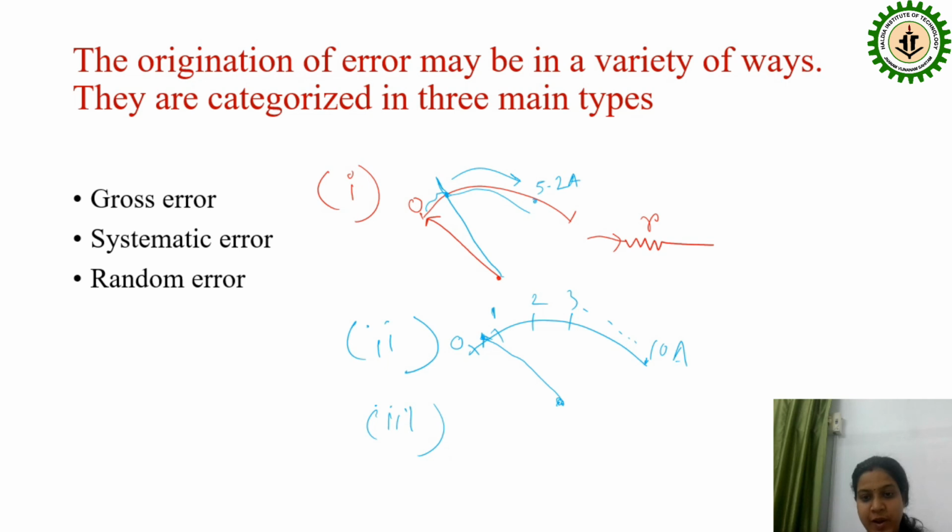If it is not specified by the manufacturer, or if we are not able to choose the proper instrument, then we have to face this kind of error. And third one is parallax error. Always we have to see the value of the unknown quantity perpendicularly. And systematic error depends on the environment, and random error is subject to irregularity.